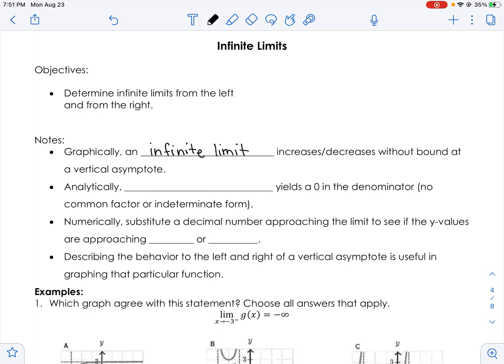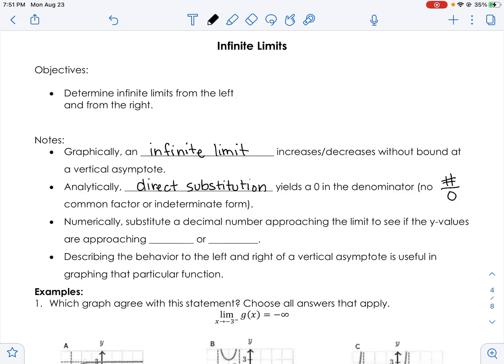Okay, analytically, if we do direct substitution, it yields a 0 in the denominator. So we'll get a number over 0.